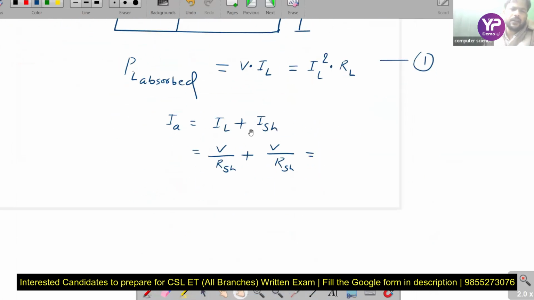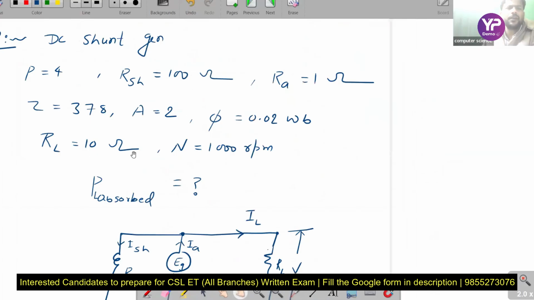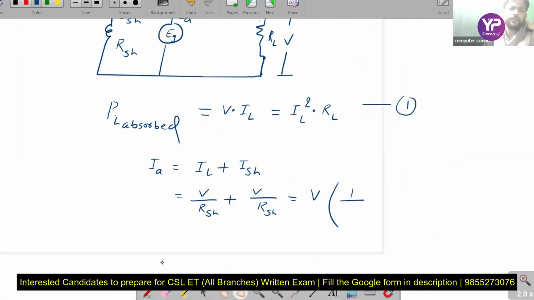So we take V as common, 1 by R_SH plus 1 by R_L. R_SH is equal to 100 and R_L is 10. So 1 by 100 plus 1 by 10 times V. Take the LCM of the denominators here.